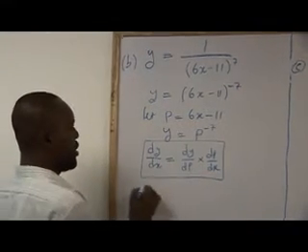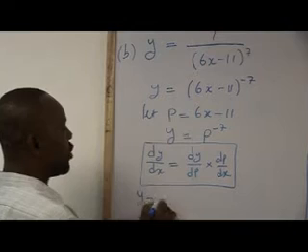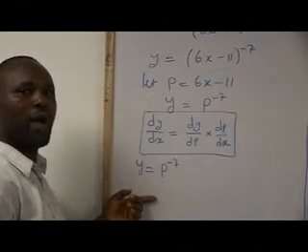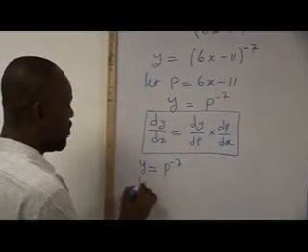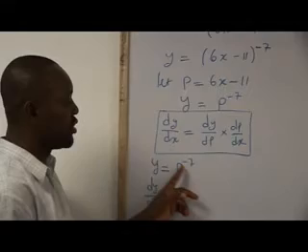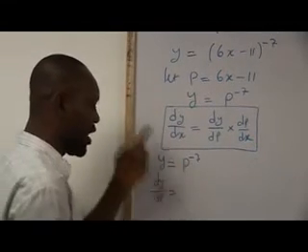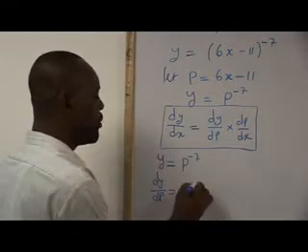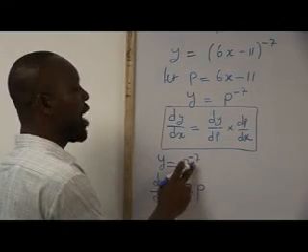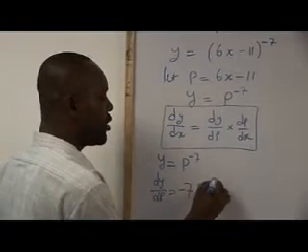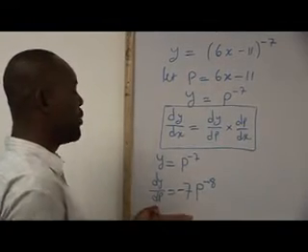I say, okay, my y is equal to p raised to the power minus 7. What is dy dp? The dy dp will therefore be minus 7 times 1 as usual. Just following the rule. That gives us minus 7 p. Subtract 1 from minus 7. Minus 7 minus 1 gives us minus 8. So that's it for the dy dp.